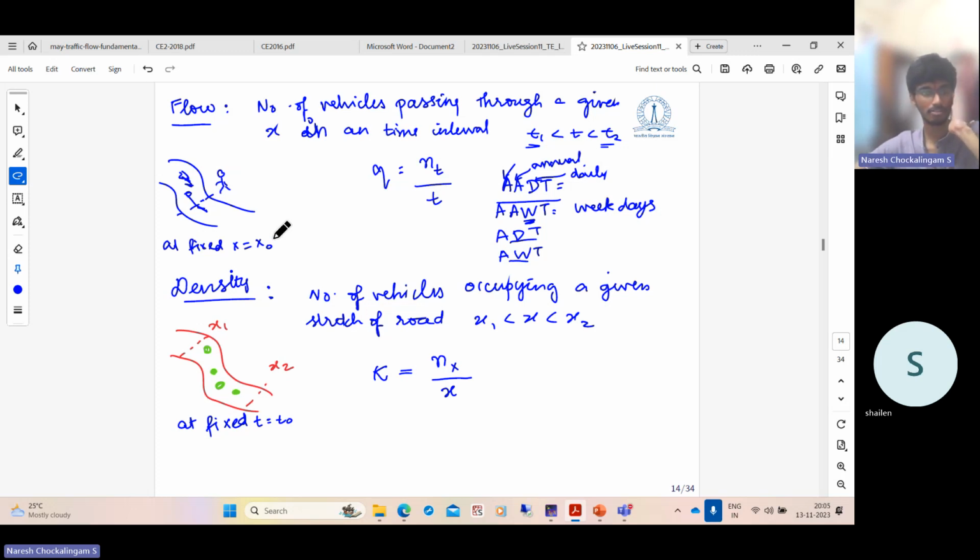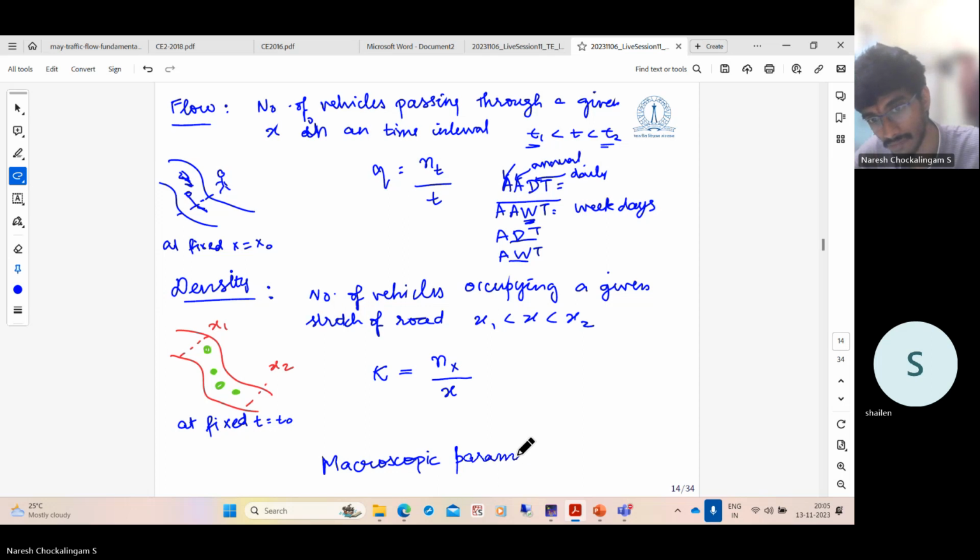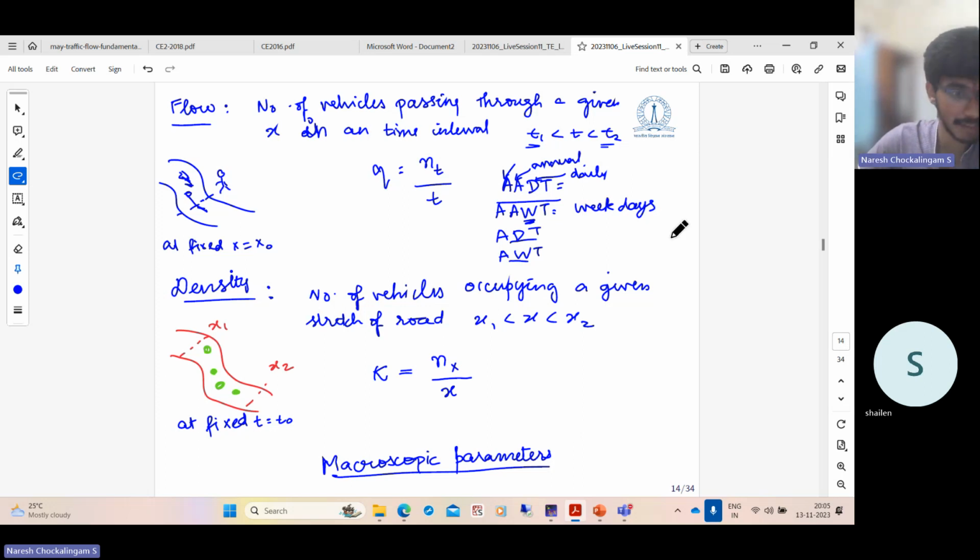These are called the macroscopic parameters of traffic flow, because you're not dealing with individual vehicles. Microscopic aspects are those that deal with the individual vehicles. For example, the spot speed is a microscopic measure, and density and flow are macroscopic measures.